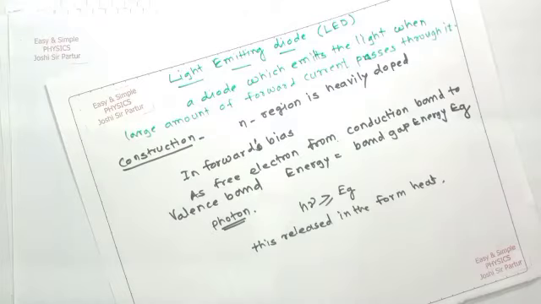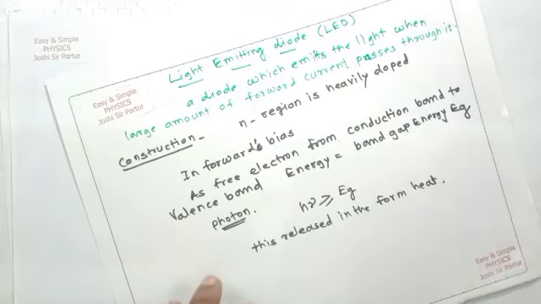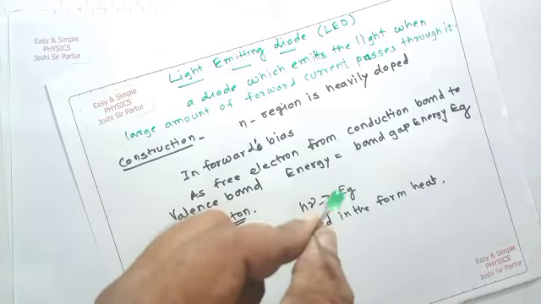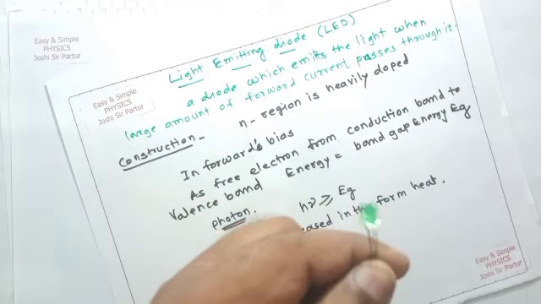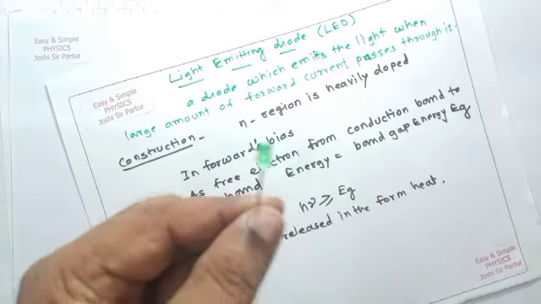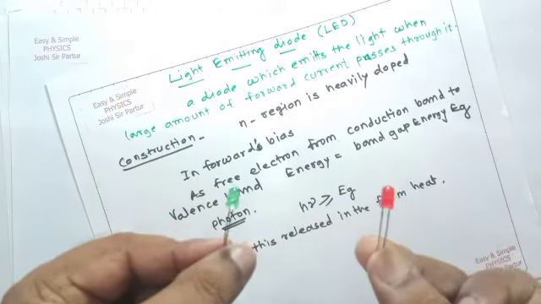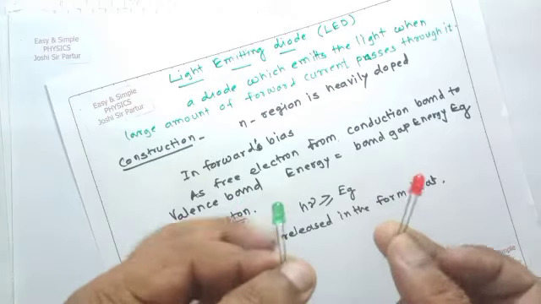So here the LED is a p-n junction encased in a dome shape. The construction of the LED will be dome shaped. See here, the actual LED seen in the market is like this. This is an actual LED. Here we see that the LED has two legs.